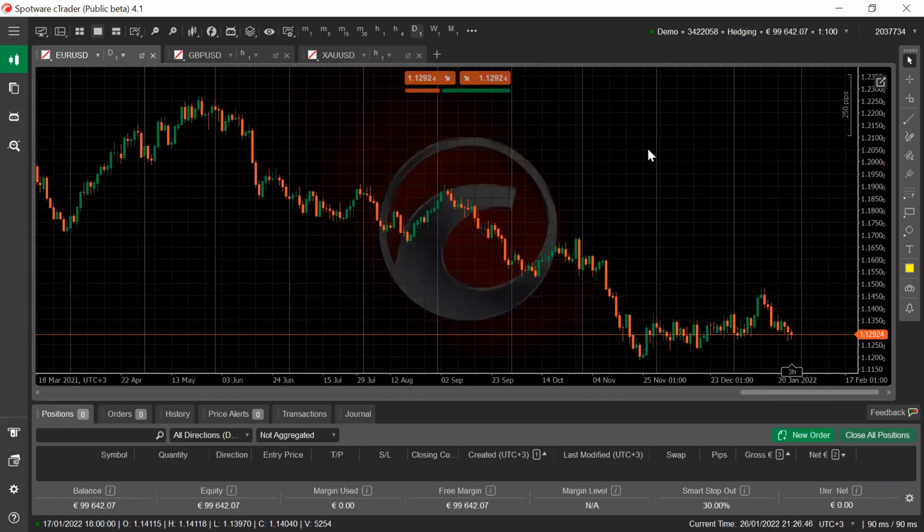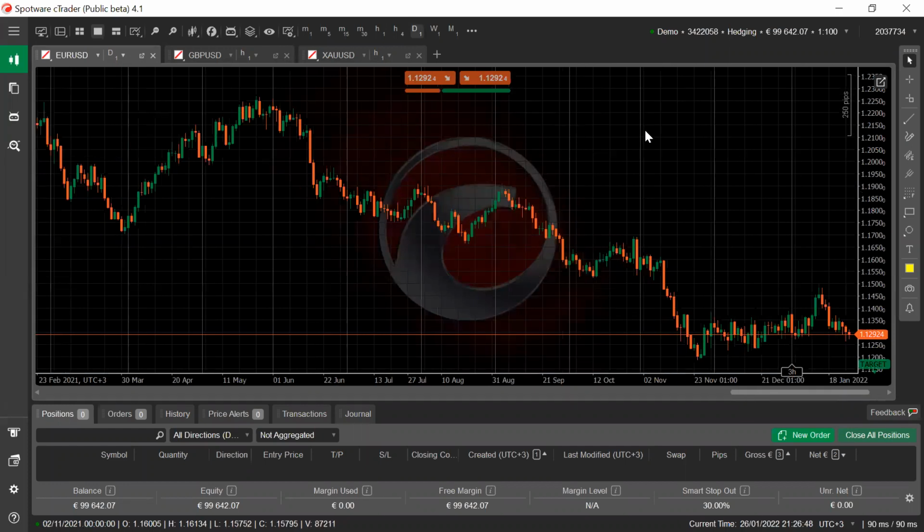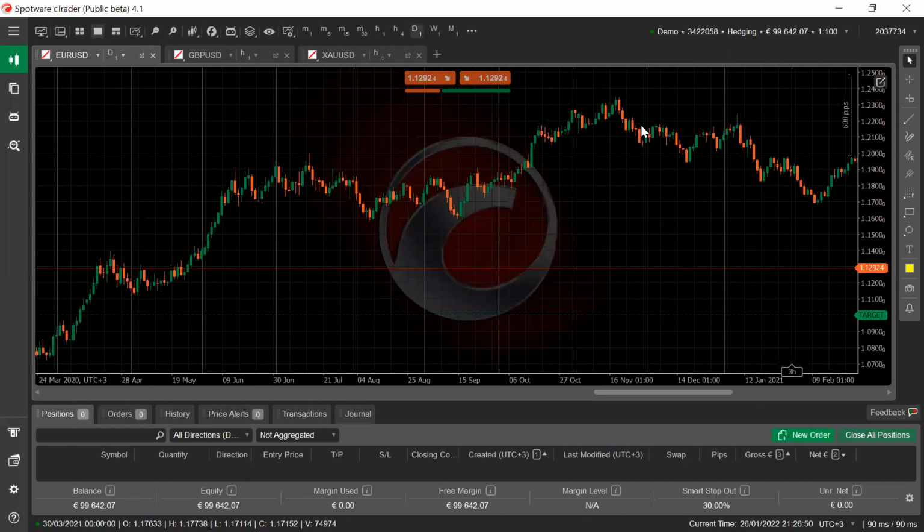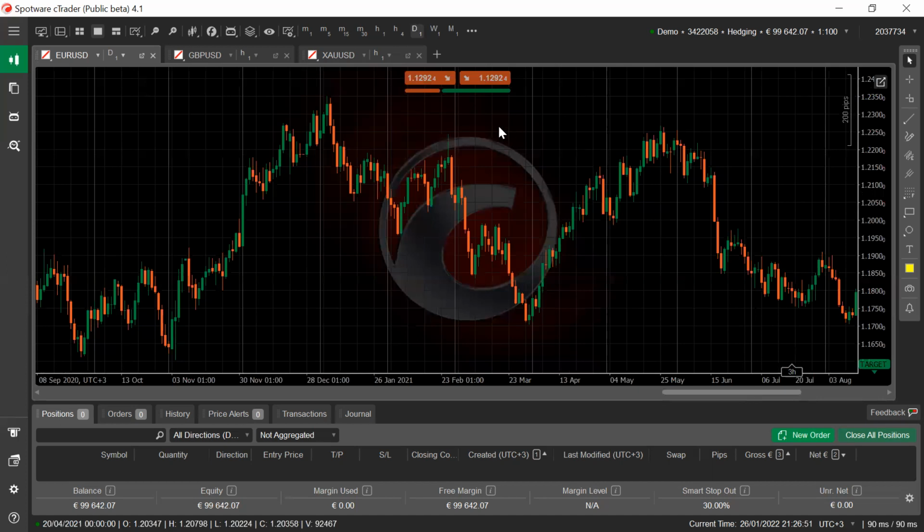Let's take the daily time frame. The demand and supply zone is just like what we have learned before: if you draw the charts like that, you can easily draw your support and resistance lines. Let me see if I can make it bigger.